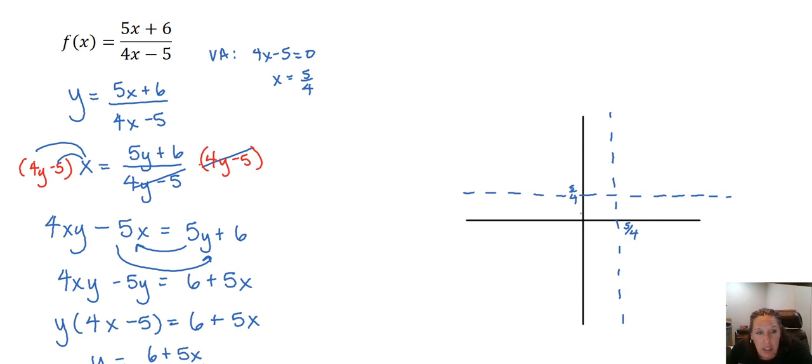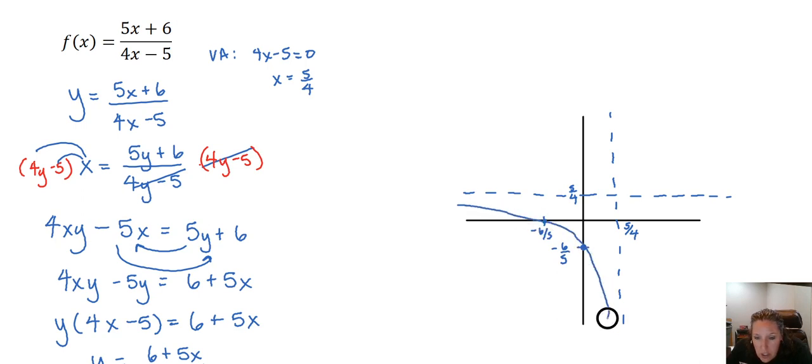So that's going to be a little bit below negative 1. I want to leave that in blue. Negative 6 over 5. And we get an x-intercept when our numerator is equal to 0, and that's also going to be at negative 6 over 5.